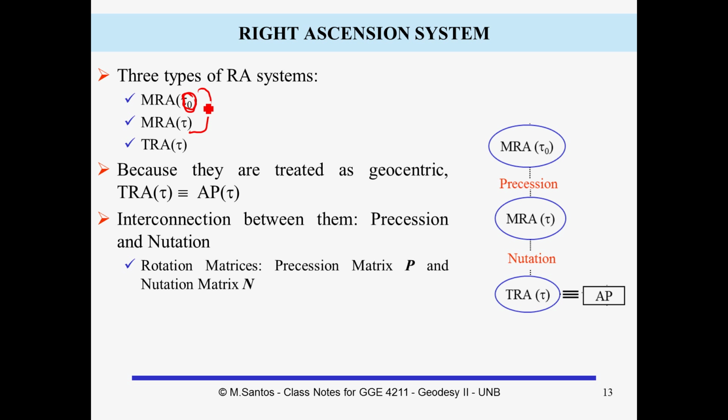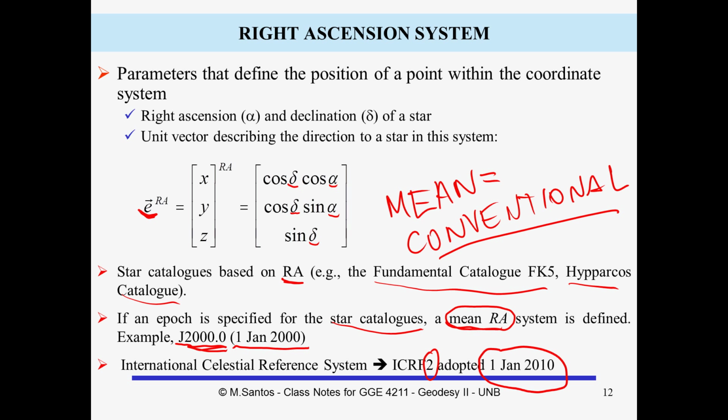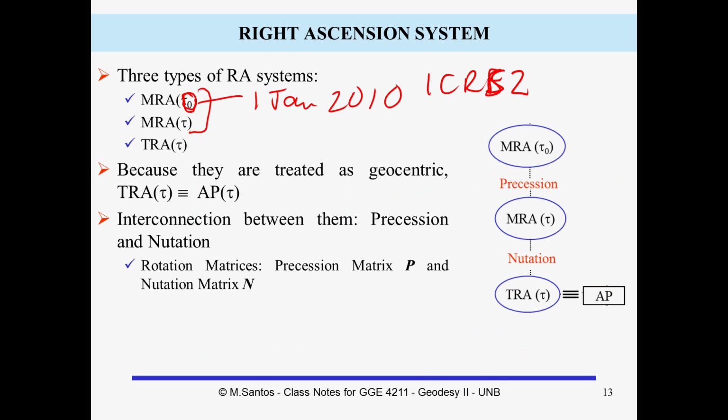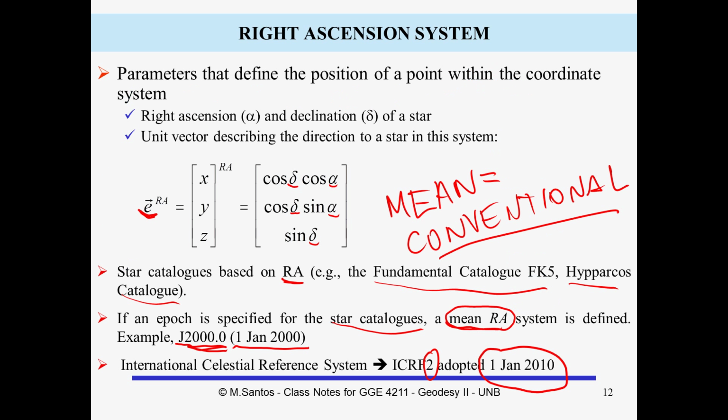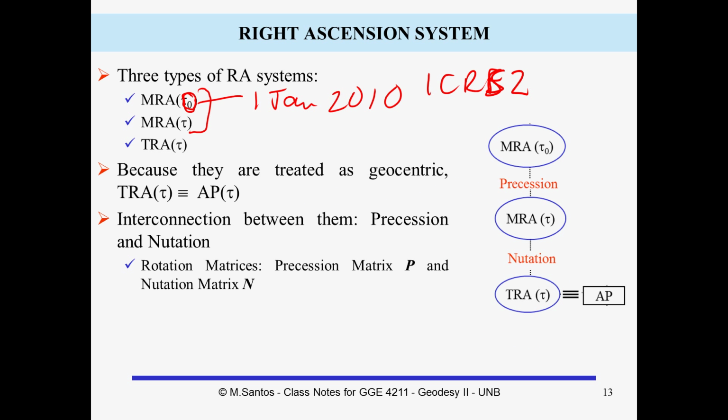Let me rephrase what I'm saying here. We also have the issue of system and frame in dealing with celestial frames, celestial coordinate systems. So the choice of year 2010 has defined the frame.